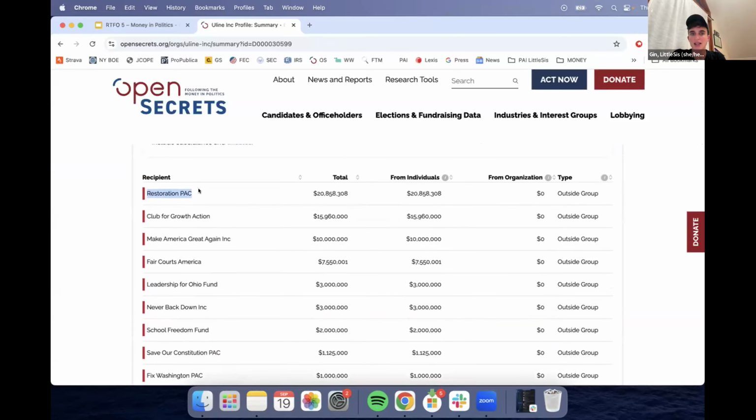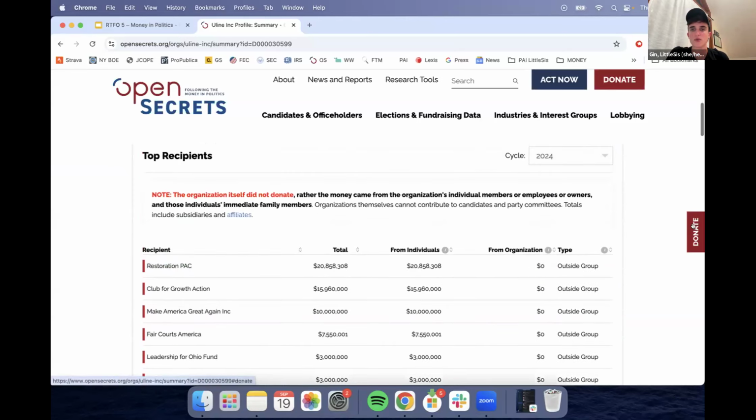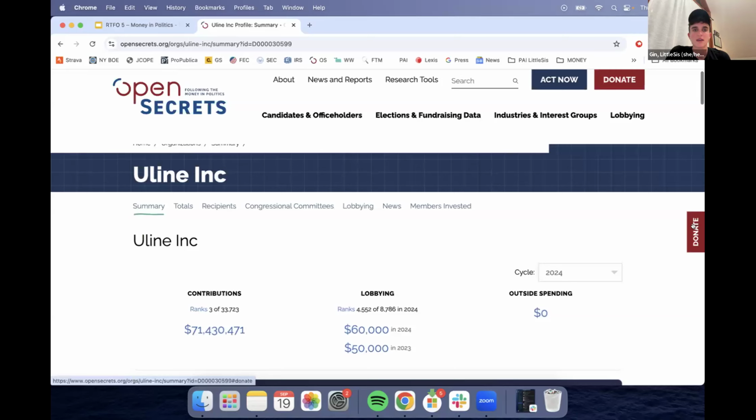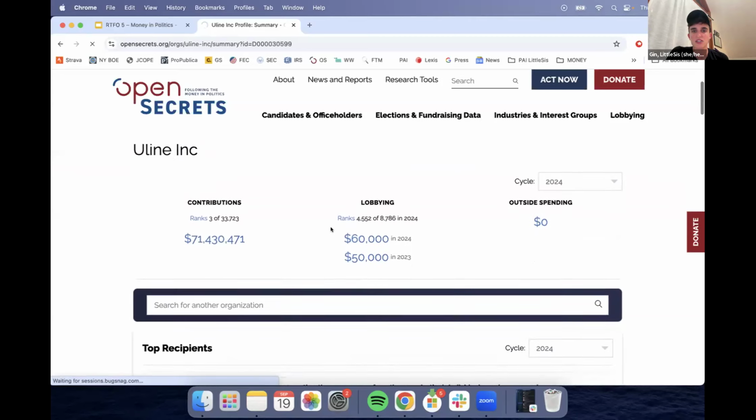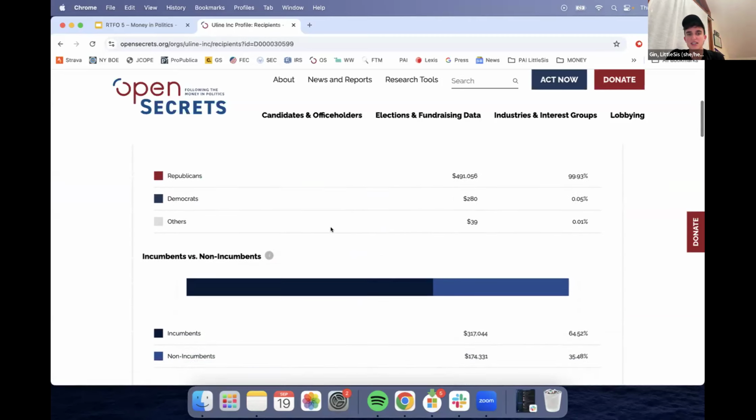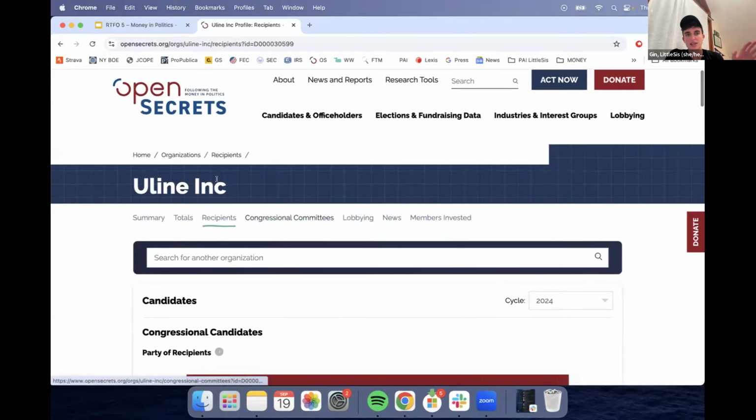So the Restoration PAC, it's an outside group. Club for Growth Action, outside group, and so on. But you can look a little bit deeper into who the recipients are here, look at a lot of different pieces of data, just as you scan through these organizational profiles.